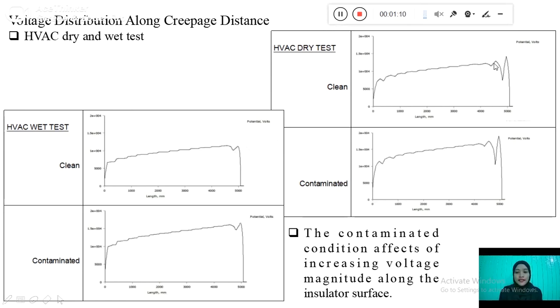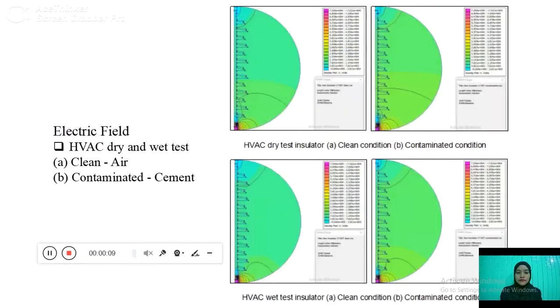For the dry test, the value of the voltage distribution decreases and then increases. So from these four graphs, we can conclude that the contaminated condition has the effect of increasing voltage magnitude along the insulator surface.